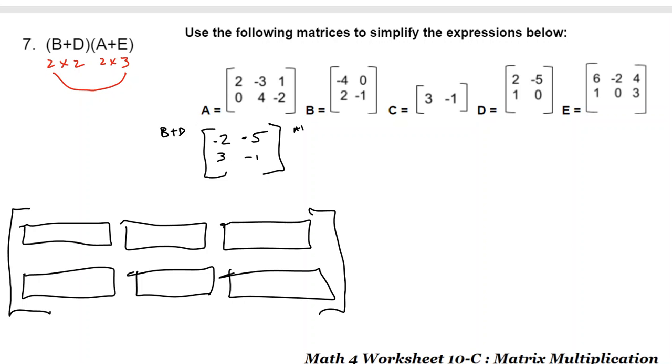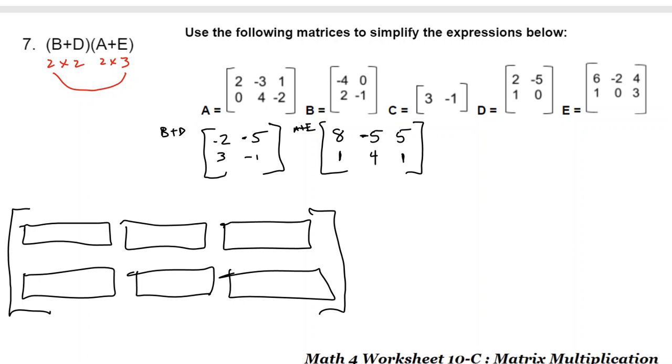And then the A plus E would be 2 plus 6, 0 plus 1, that, and that. So those two added together.